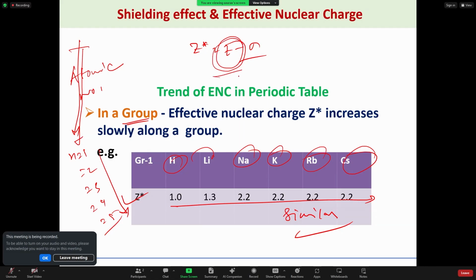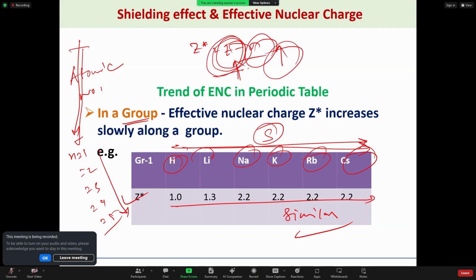When this Z value is increased, the number of electrons is increased. And if you see all orbitals, the last electron is present in the s orbital. So here the s orbital is constant. So this value also increases.